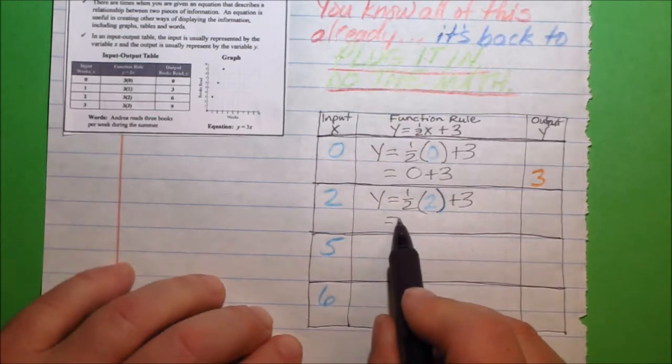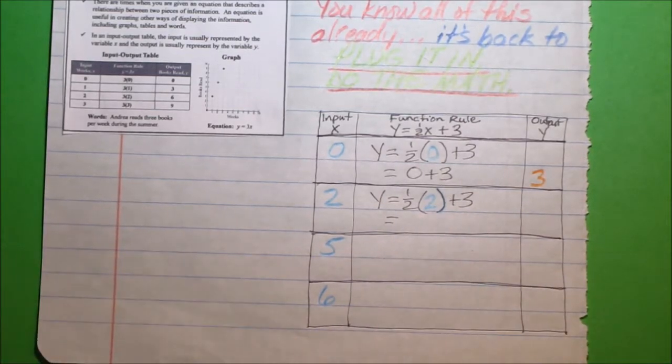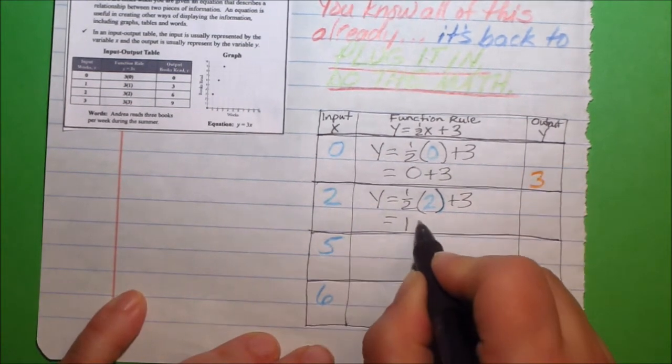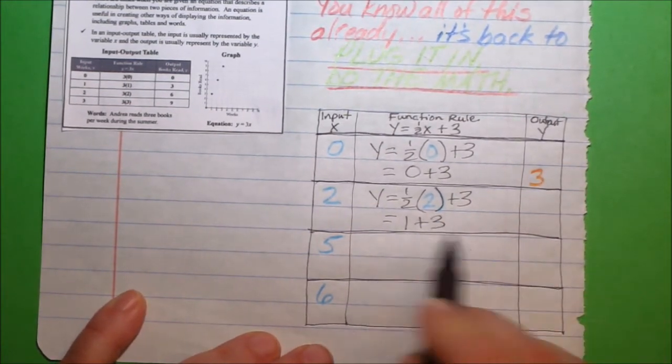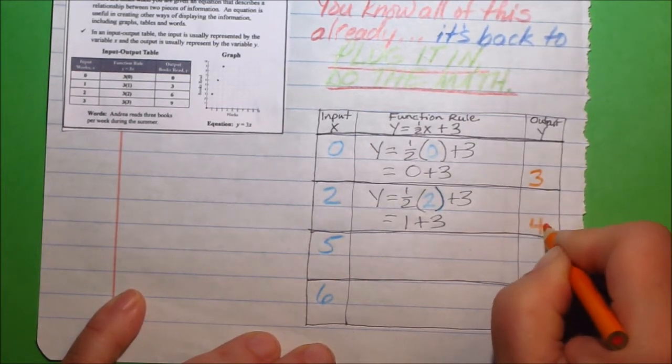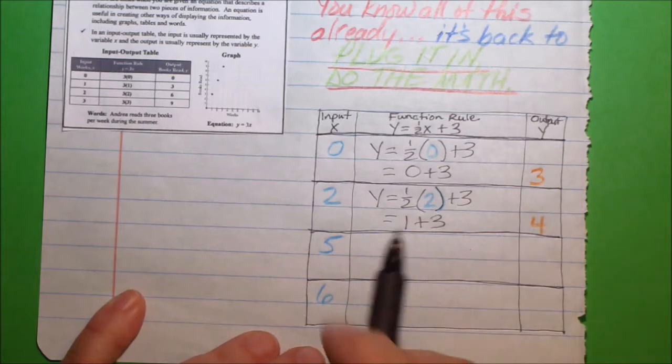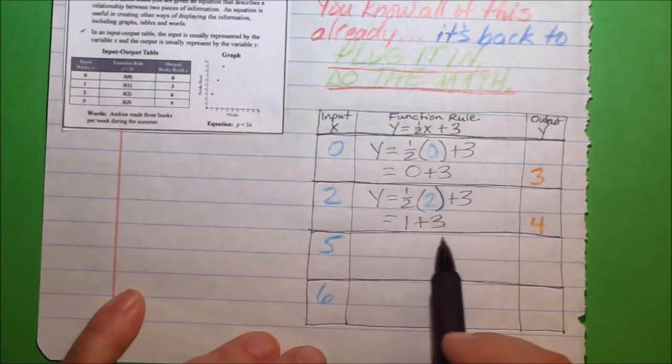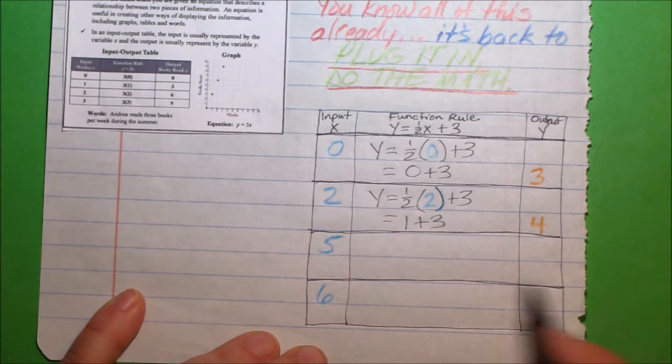All right, so now 1/2 times 2, which is the same thing as saying 1/2 of 2. What's 1/2 of 2? Well, of course, it's 1 plus 3. And now 1 plus 3 is 4. Right? So when we put 2 in for X in this function rule, we solved for Y and got 4.